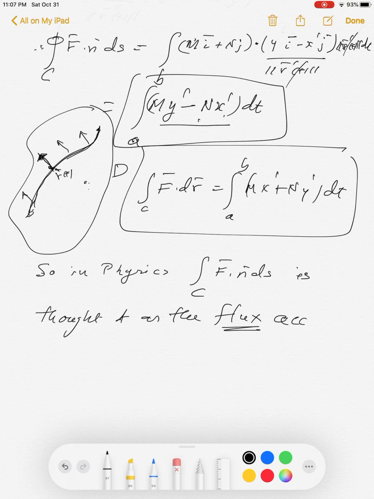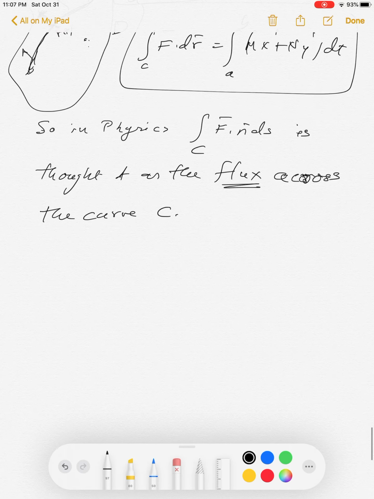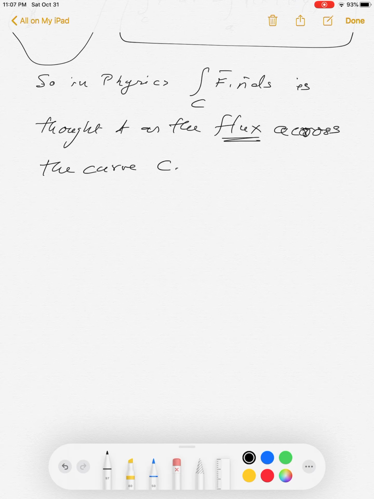So you think of F bar as a force acting at each point x, y, z of a fluid particle. Then this is the flux across the curve C. So this is a physics interpretation of the flux integral.